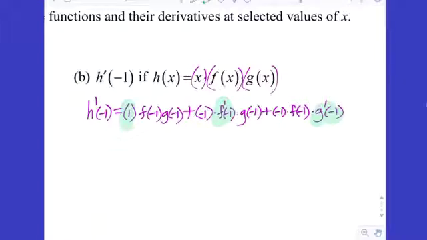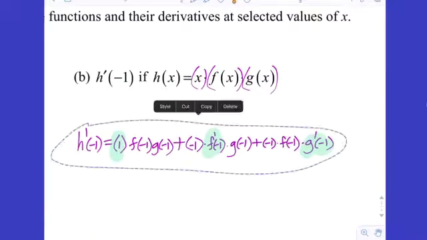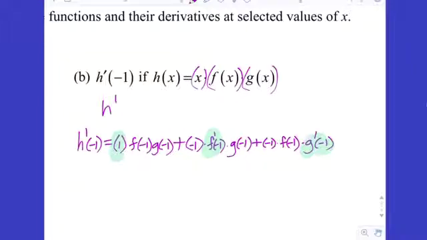And everywhere you have an x that's still visible, you're plugging in a negative 1. Now, if you're not comfortable doing that, you can do that as a second step. So you could have just said h prime is equal to 1 f g plus x times f prime g plus x f g prime. You could do that as your first step and then go to the line below that.